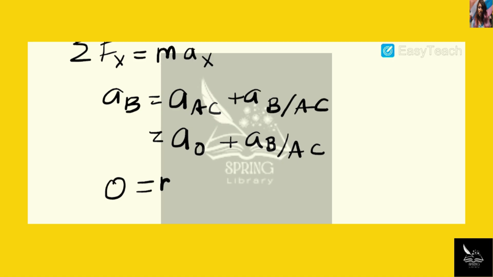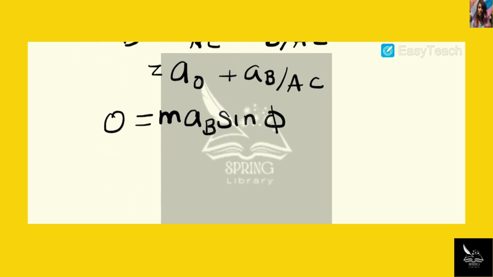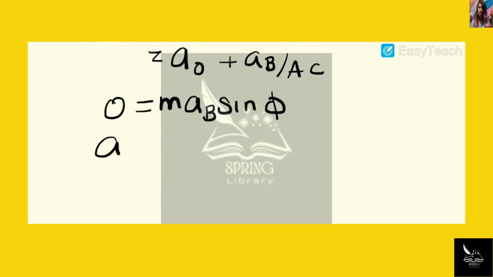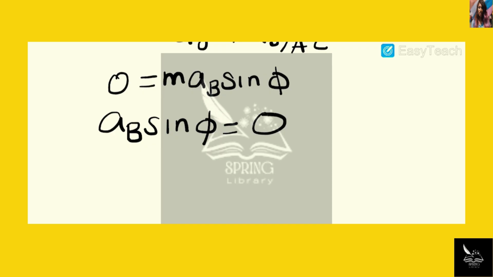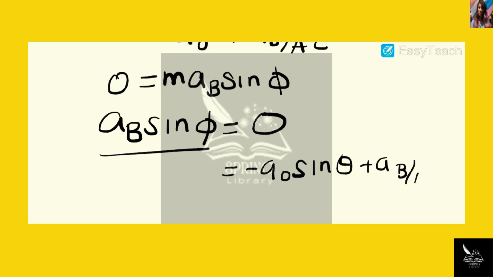We know that 0 is equal to m times the acceleration of B sine phi. What we can do is then say that AB sine phi is equal to 0. We know that AB sine phi is equal to negative A0 sine theta plus AB given AC.